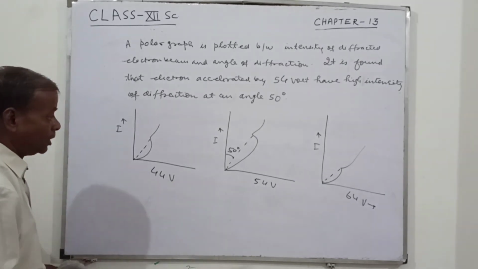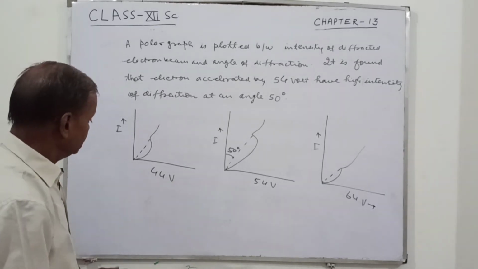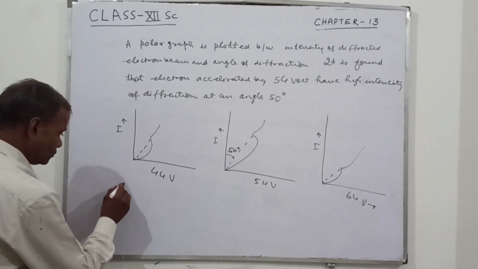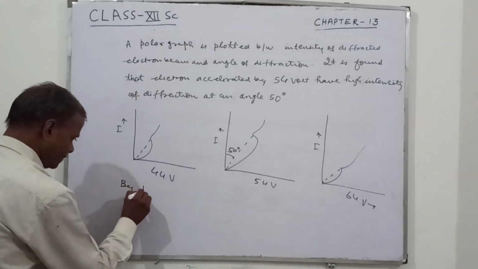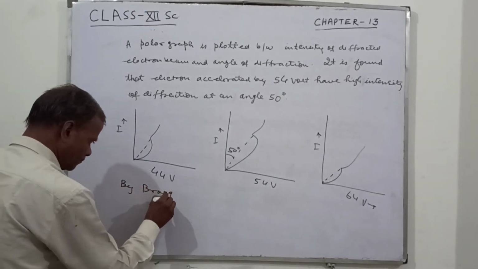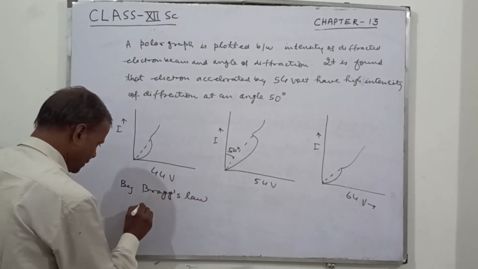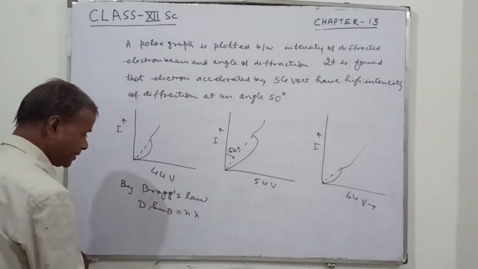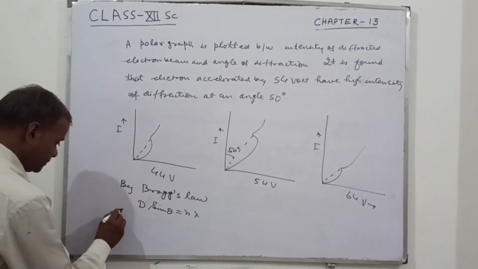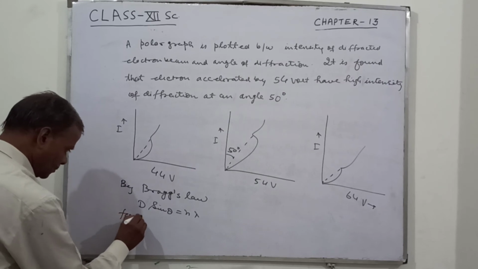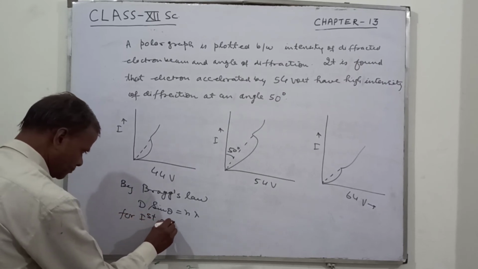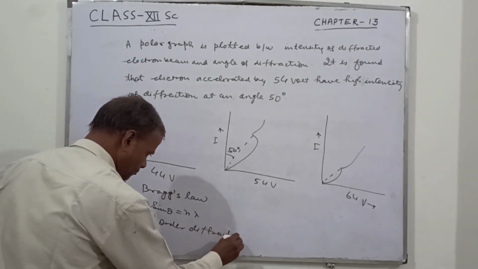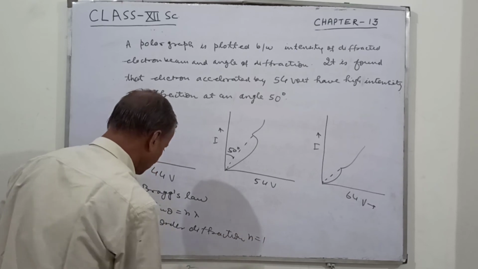So now we find the wavelength. So Bragg's law, d sin theta equal to n lambda, for first order diffraction, n equal to 1.